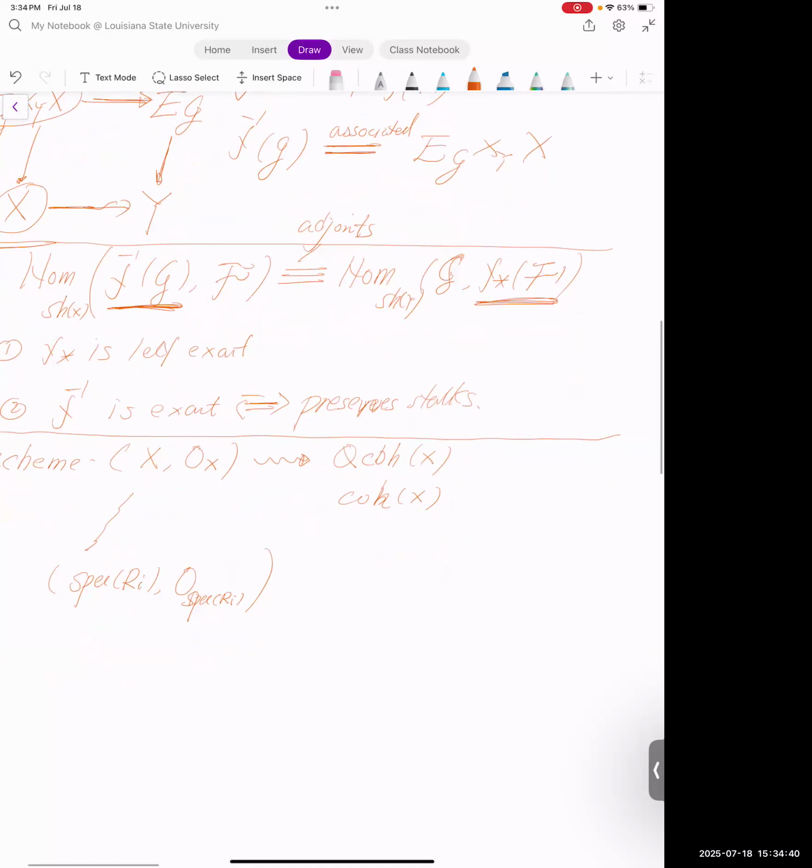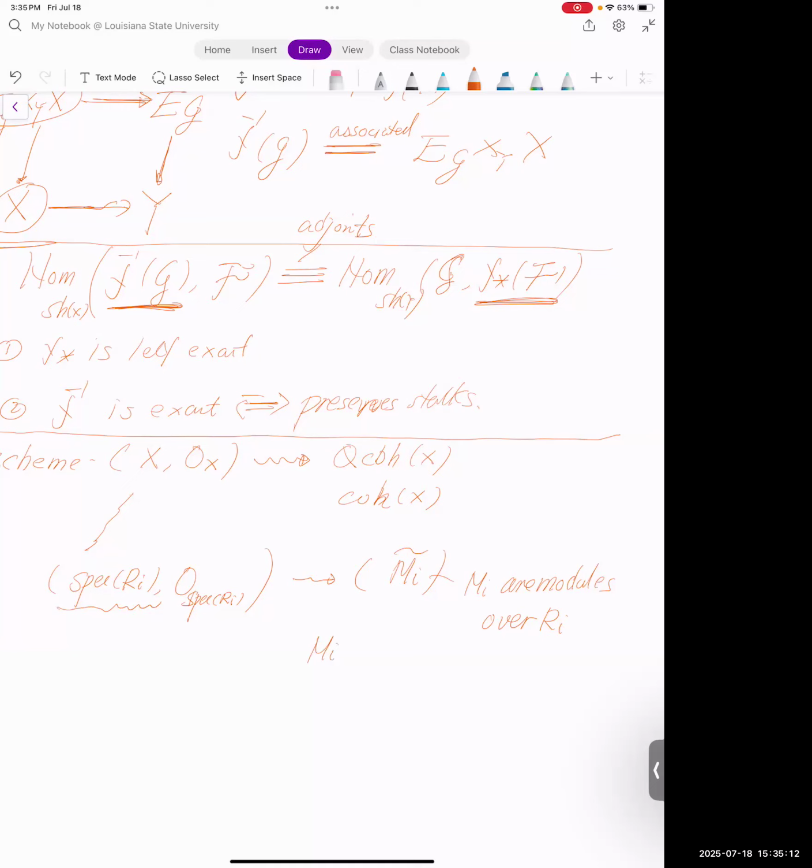So a tricky way to do that is that I don't know what it has on every open set, but I can define it only on these affine open covers. On affine open covers, these are exactly these modules M_i. Now certainly you have to worry about these transition functions.